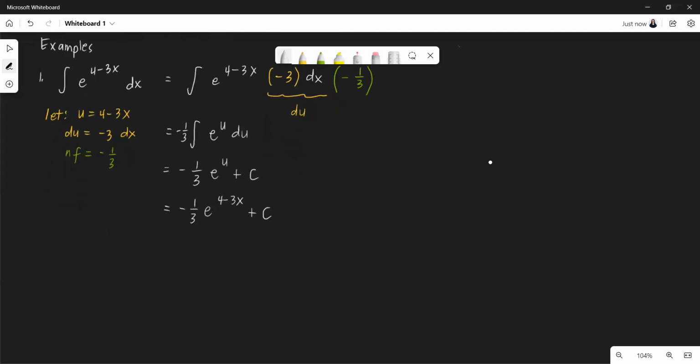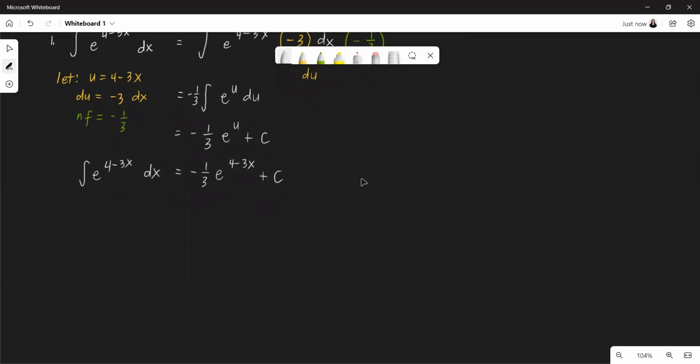Don't forget the plus c for all lines once you have started with the integration process and removed the integral sign. And for the final line of your answer or solution, make sure to rewrite the given. All right, so this is the answer for that first example.